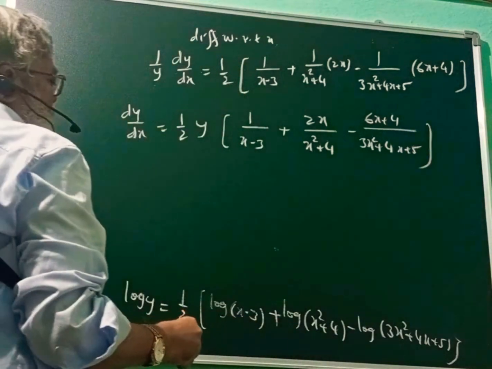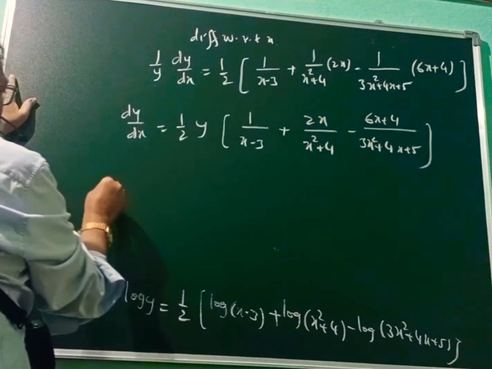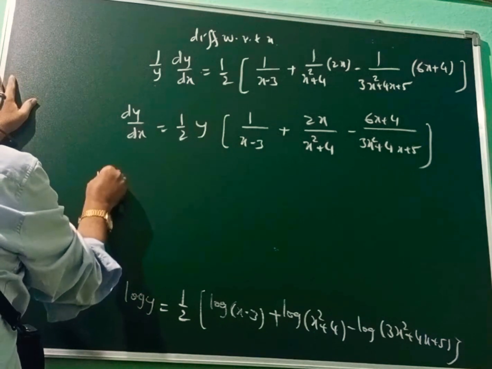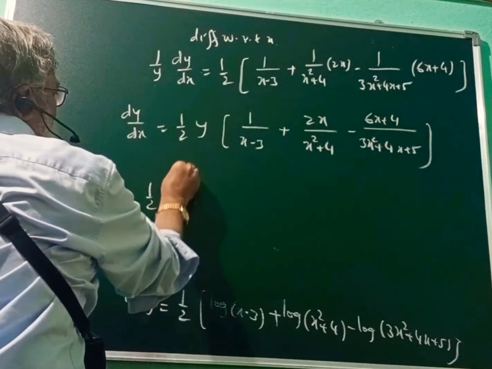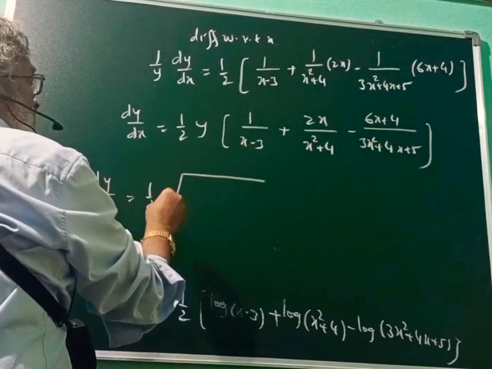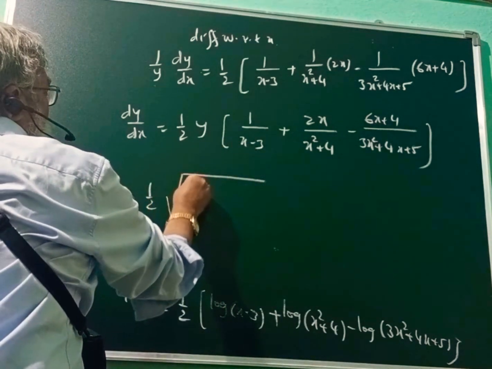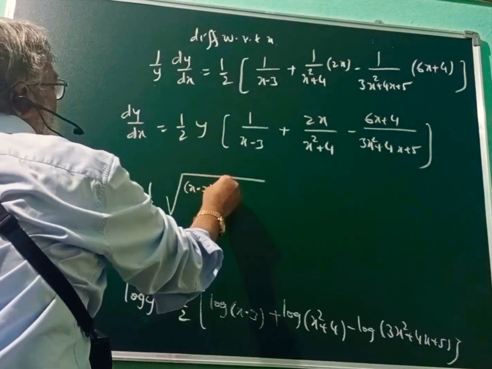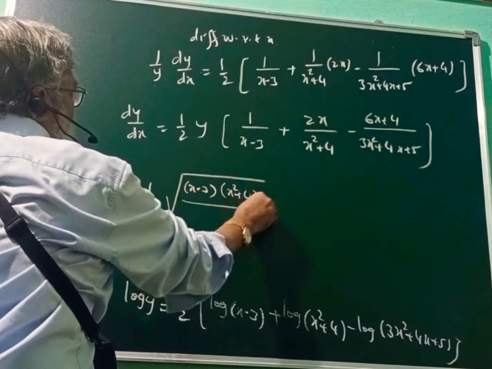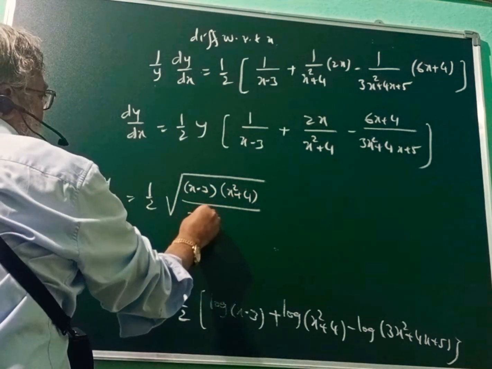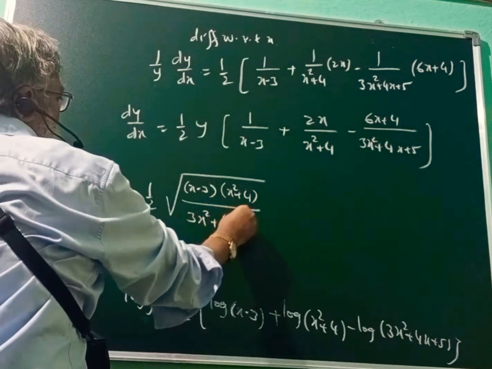Now substitute the value of y. Therefore we can write our final answer as 1 by 2 into y. Y is nothing but the given problem, that is under root x minus 3 into x square plus 4 divided by 3x square plus 4x plus 5.